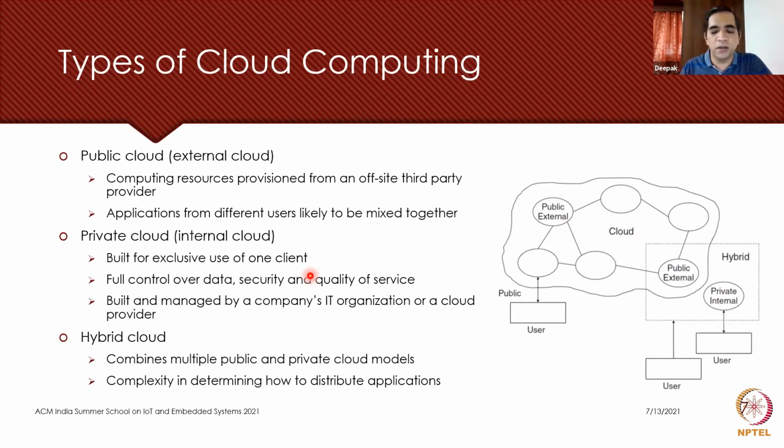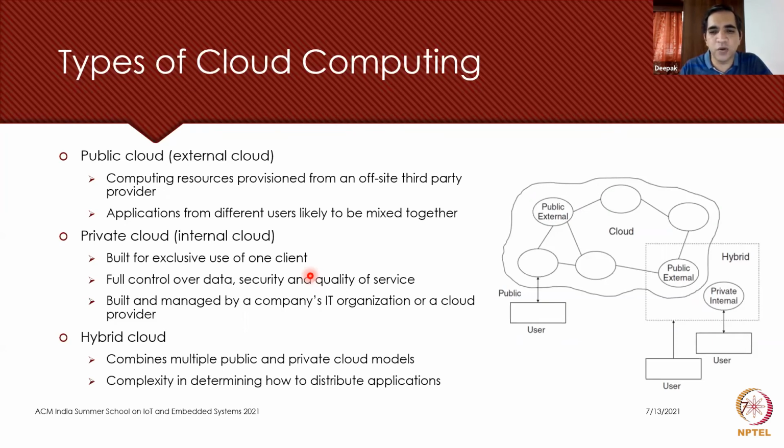Now, we also have to look at the different types of cloud computing. Here, the different types are in terms of how they are accessed, how they are available to the user.